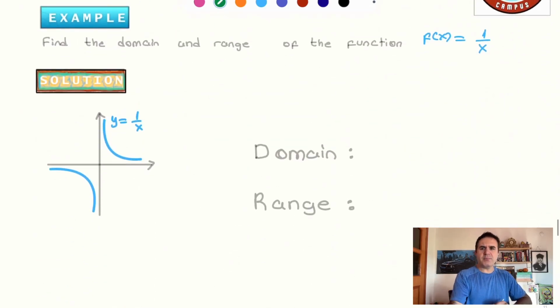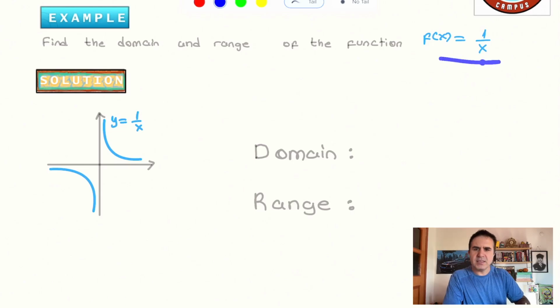The next example, find the domain and range of the function f of x equals 1 over x. The domain is all values of x for which the function is defined. For f of x equals 1 over x, the function is undefined when the denominator is 0 because division by 0 is not allowed.